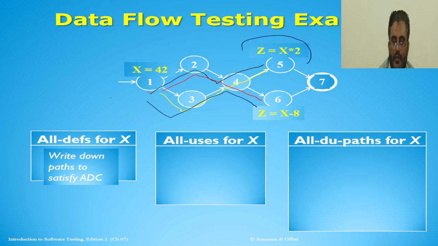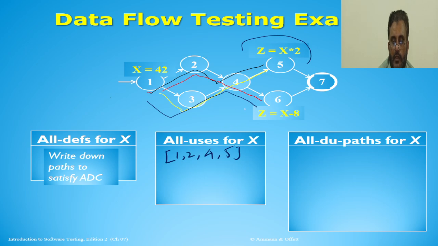So it is enough to write just one of these. For example, if I write 1, 2, 4, 5 and I skip 1, 3, 4, 5, I am covering the use of x at node 5. I don't need to write both these paths. I have covered this use by this path.